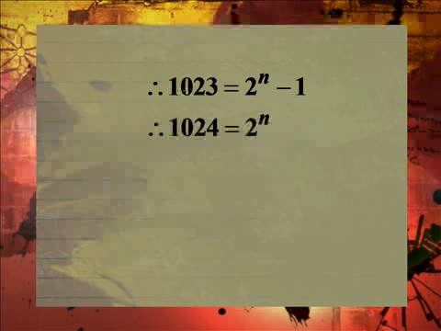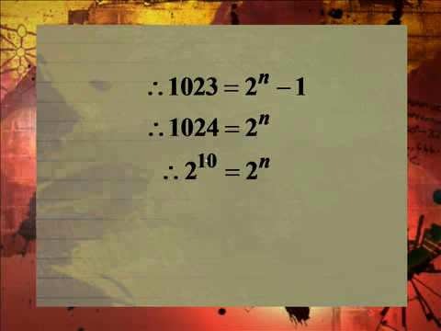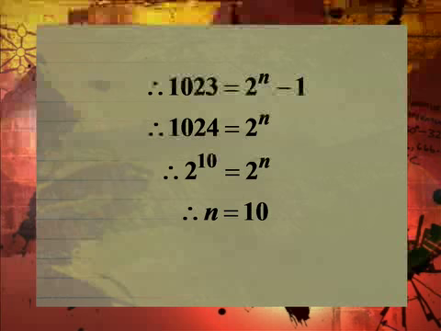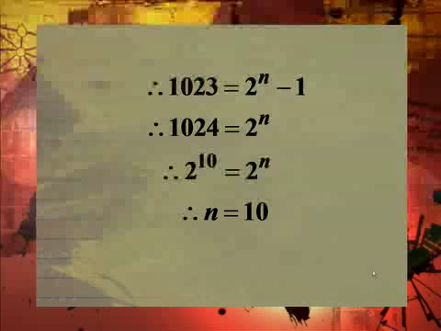Now simply bring the 1 across. Remember, this is 2 to the 10. Matrix, you could of course use logs if you want to. And n is equal to 10, so the sum of the first 10 terms is what you want.